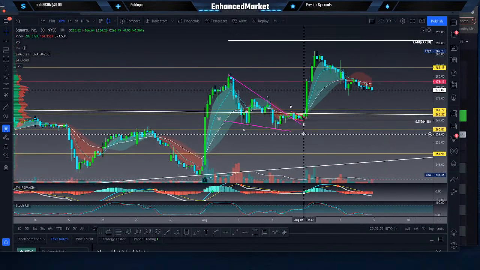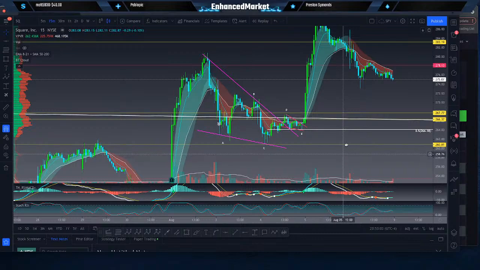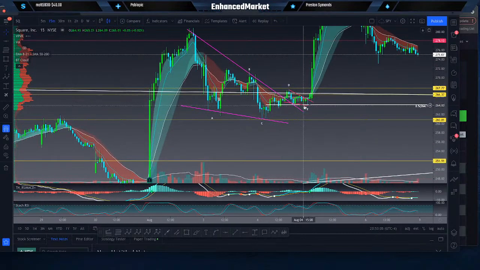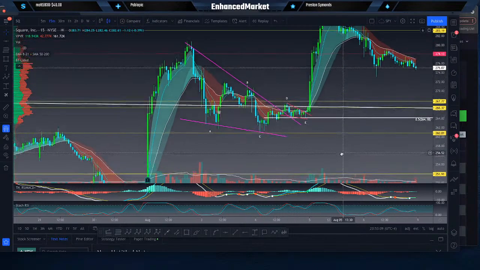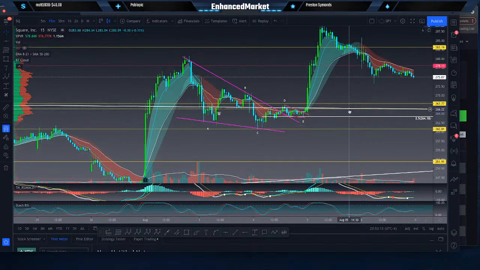And then on the side I saw we were holding this 0.5, which is the wave E. And we were starting to form a flag here on the smaller time frame. Yep, so we had an A, B, C within that flag. I think I bought another 30 contracts. So I ended up having like 35 contracts.